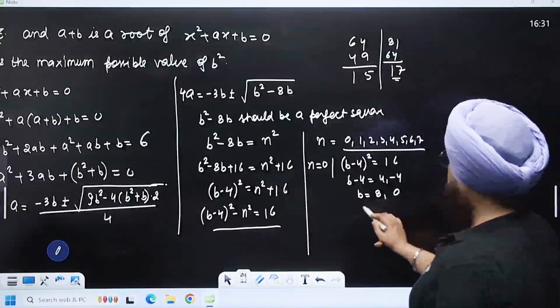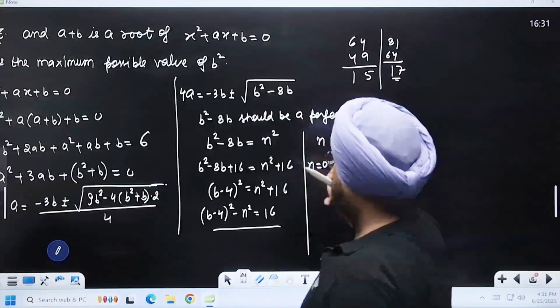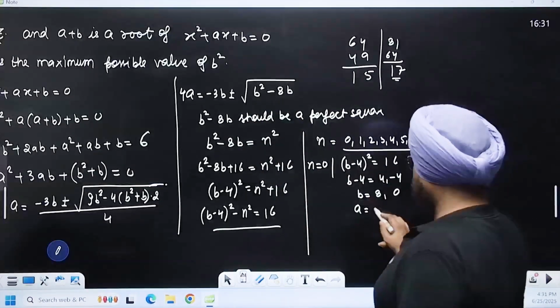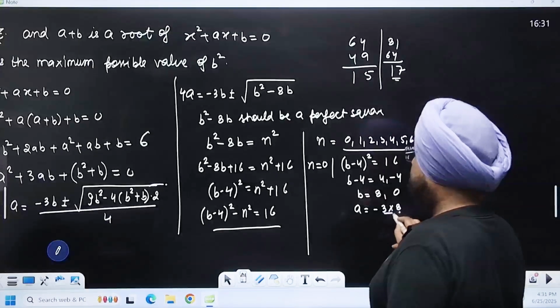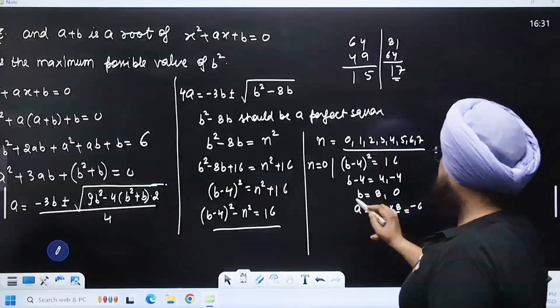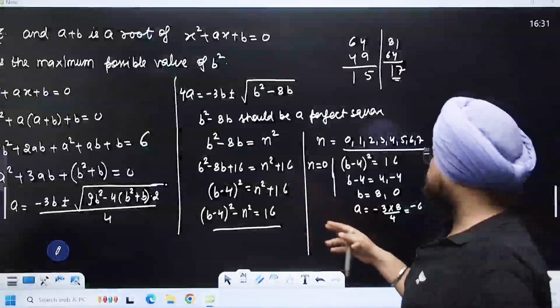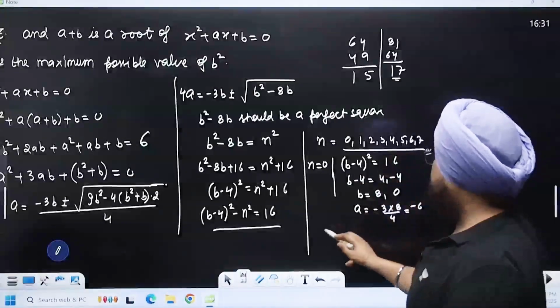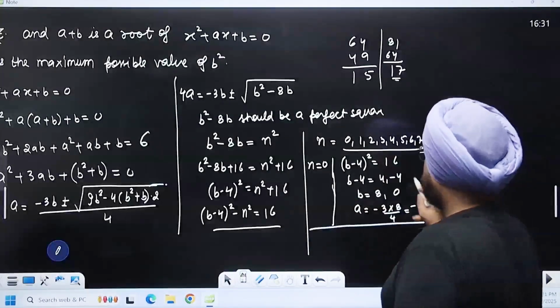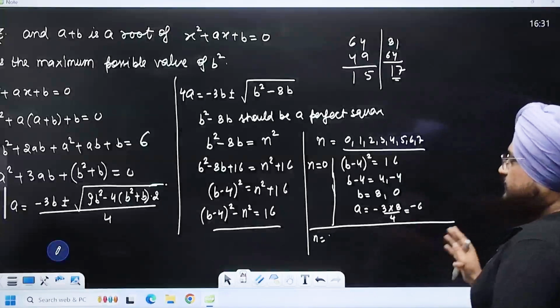And the value of a, if b is equal to 8, is an integer, no problem with that. We have to find the maximum value of b square, so we are not checking for b is equal to 0.